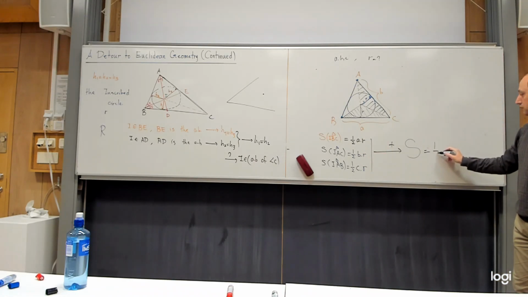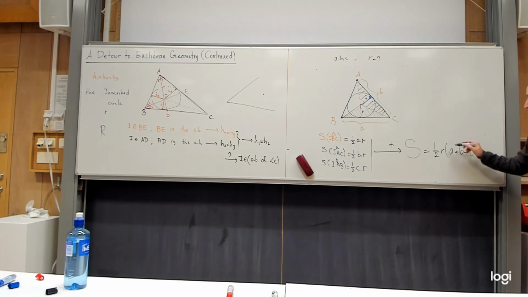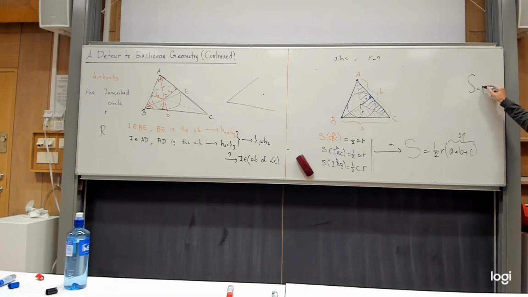I can factor 1 over 2 r out. Yes or no? And then what is left? a plus b plus c. Yes, but what was this in geometry? 2p. And this 2 and that p cancel. So we get a nice formula. S is just pr. Okay, and then r is S over p.